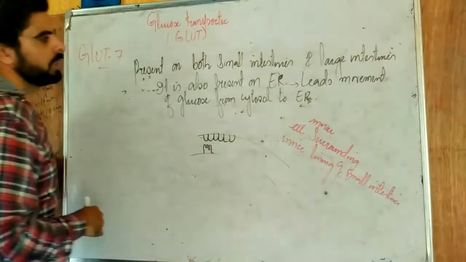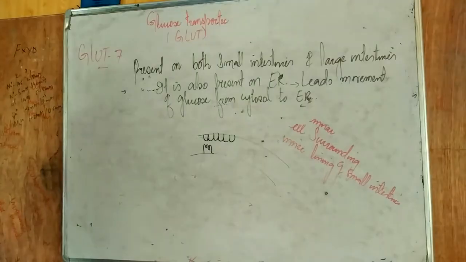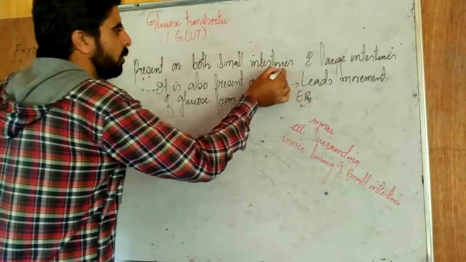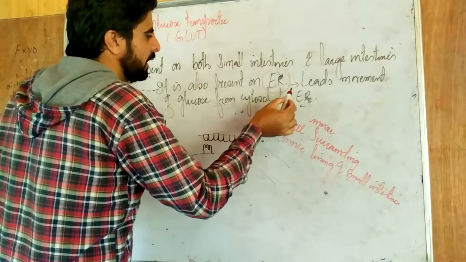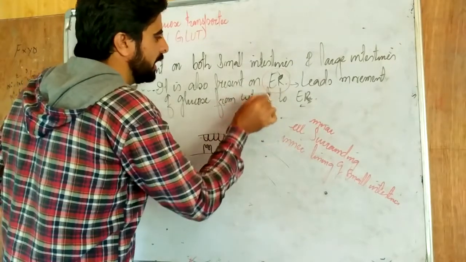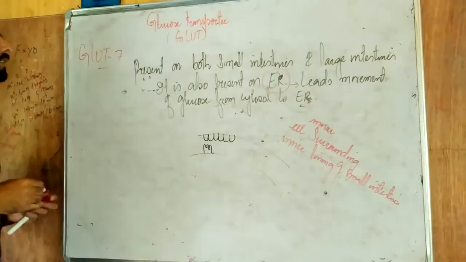So this is the most important one, which is also present on ER. ER is the important thing you have to keep in mind, that it leads to the movement of glucose from cytosol to ER.